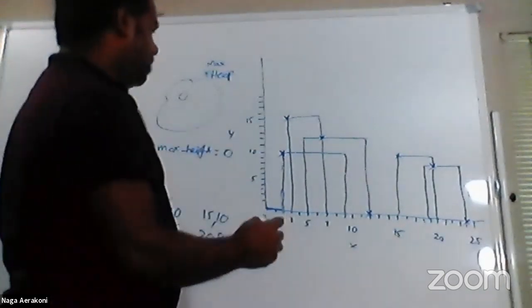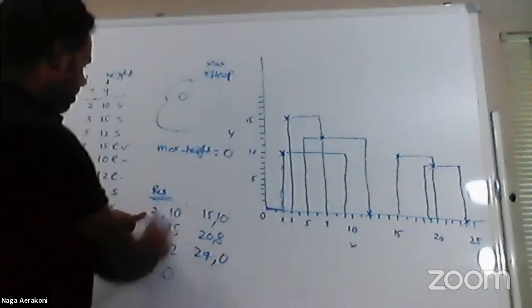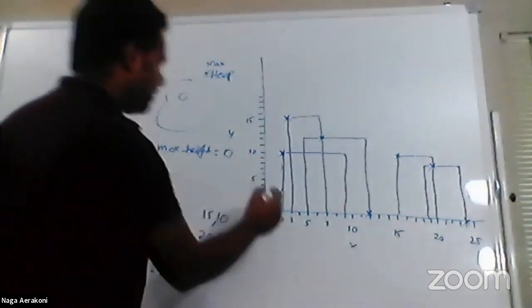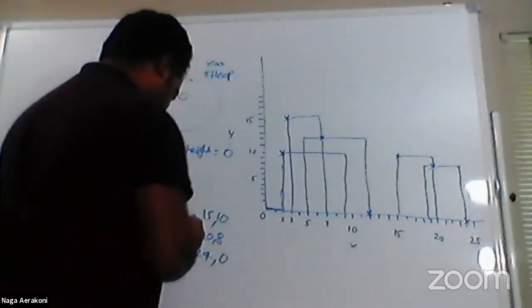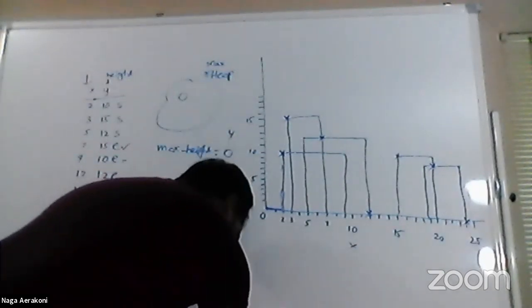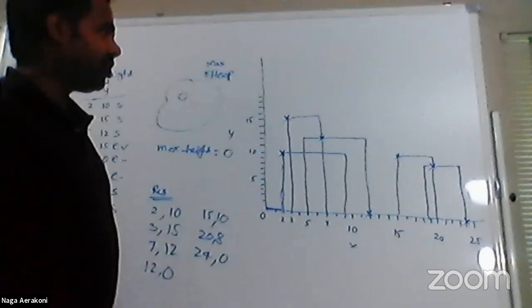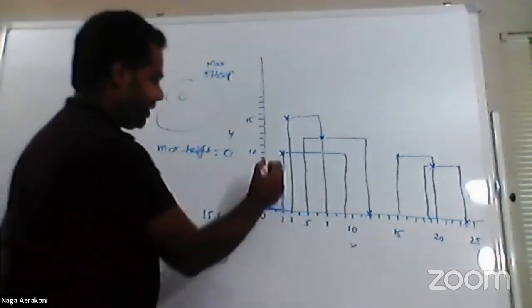Now let's draw and try to visualize. Let me use some other marker. I think maybe he's asking whether you can have a diagonal, like an increasing or decreasing line. No, diagonal is not possible. You always need to go in straight lines.